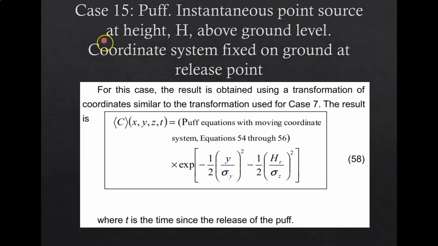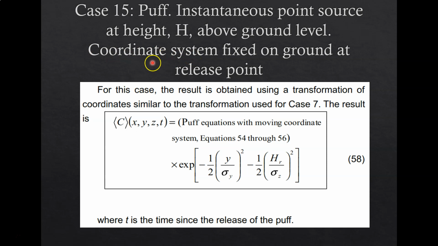So we look at case 15. Case 15 also involves the puff distribution model. However, even though it is an instantaneous point source at height h above ground level, the coordinate system is fixed on the ground at the release point. So there is a difference between case 14 and case 15 in the coordinate system.